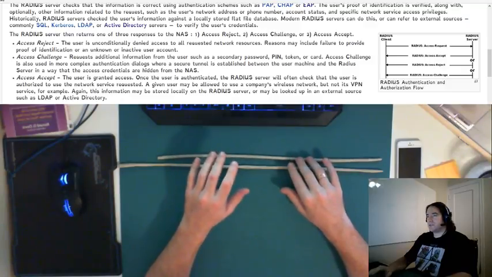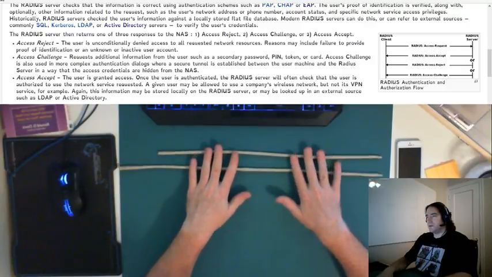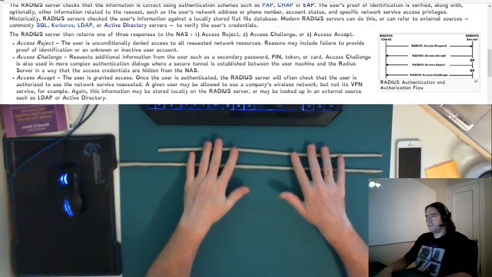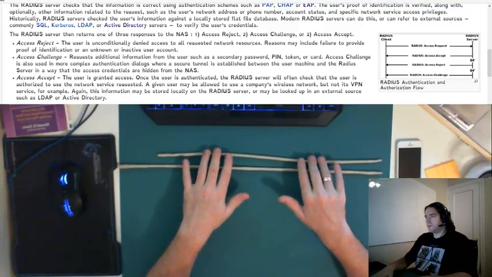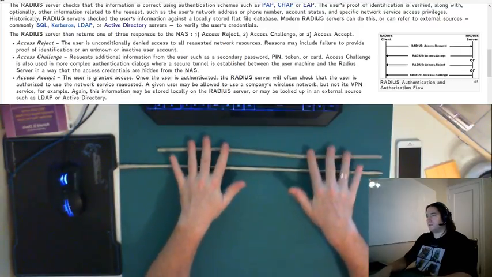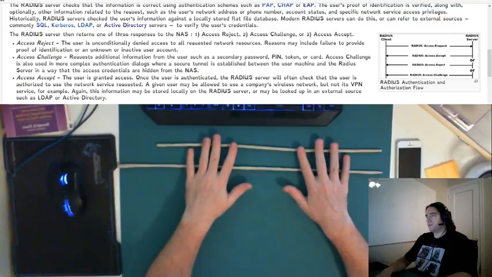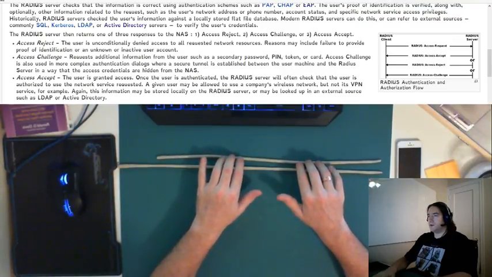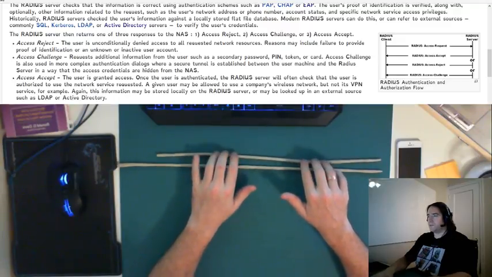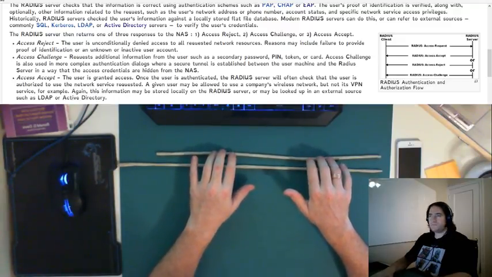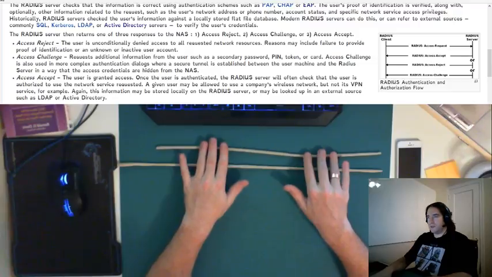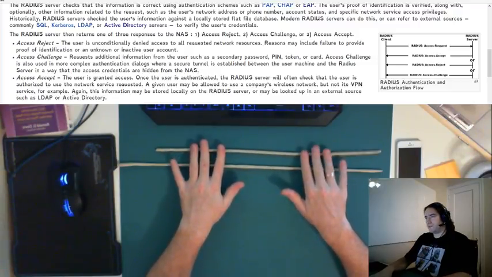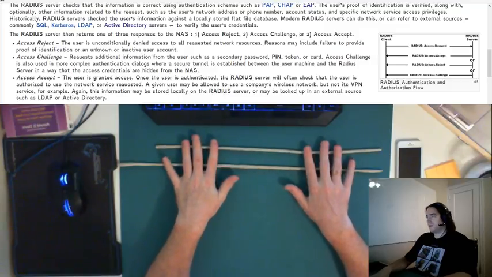Access reject: the user is unconditionally denied access to all requested network resources. Reasons may include failure to provide proof of authentication or an unknown or inactive user account. Access challenge: request additional information from the user such as a secondary password, PIN, token, or card.